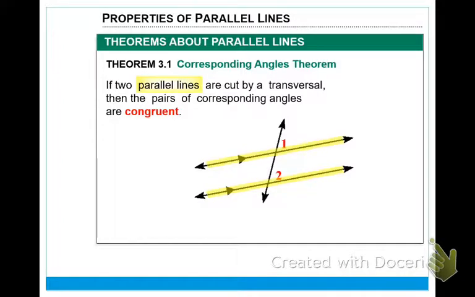So here's what I've had my classes before do: highlight these 4 boxes, and write that you can only apply them if the lines are parallel. If they're not parallel, then these properties don't happen. So the next 4 I would highlight. They only are applied if the lines are parallel. And I'll show you what I mean by that after this picture.